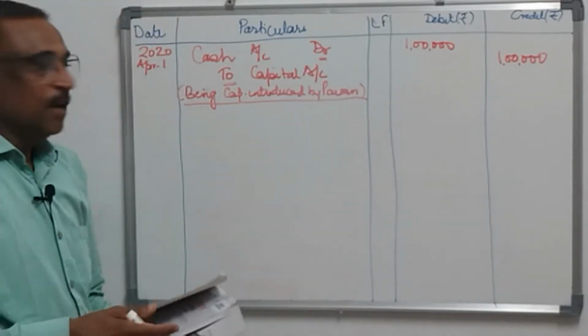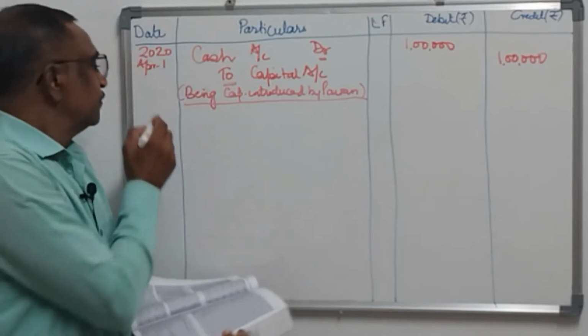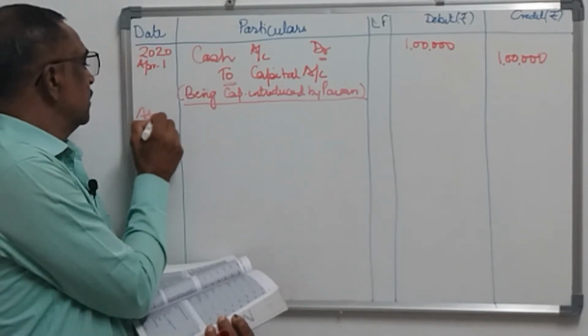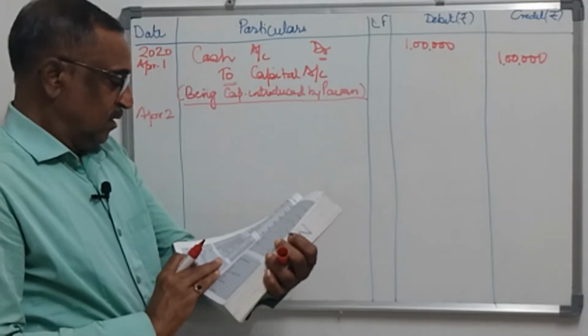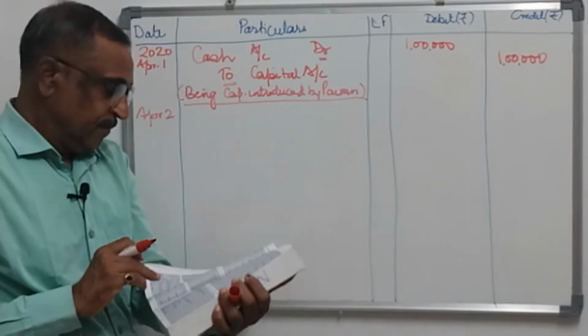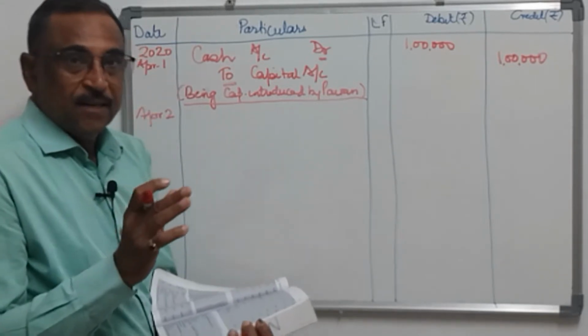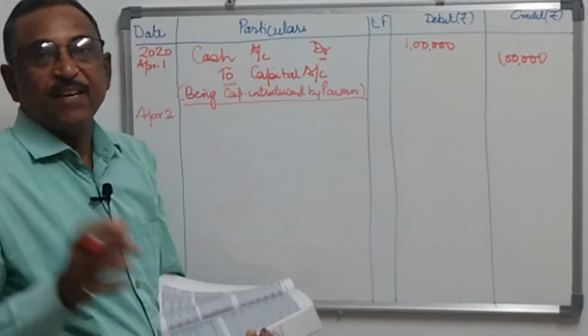Clear? Now, on April 2, the transaction that took place was opened bank account with check from saving account. Opened bank account with check from saving account.